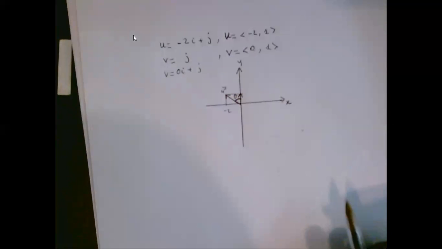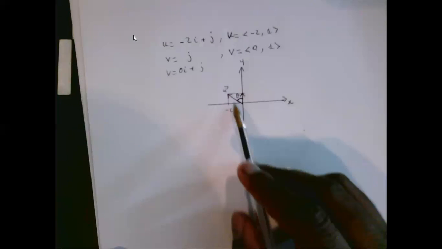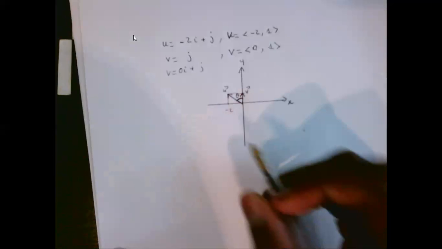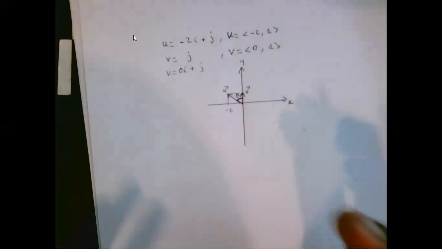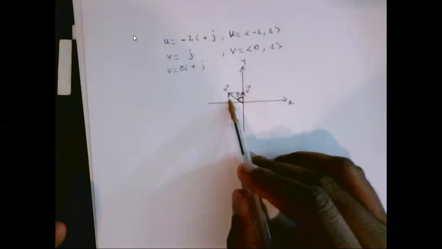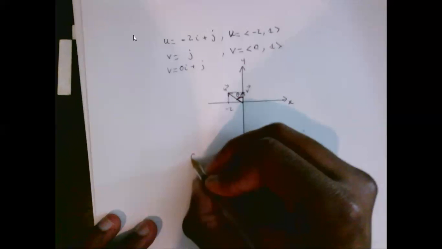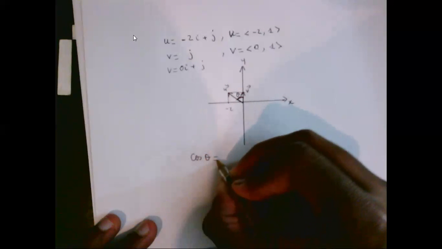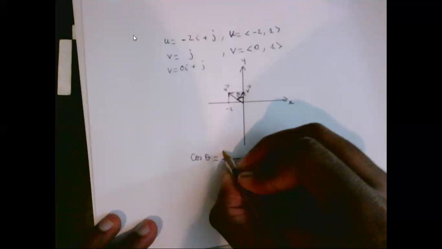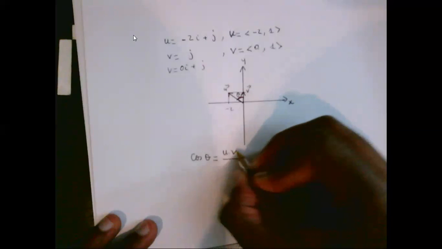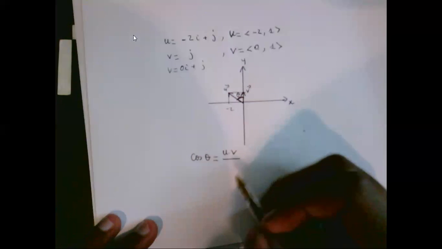There's a formula about angles, the formula relating vectors and angle. Cosine of theta is equal to the dot product of vectors u and v, divided by the norm of u multiplied by the norm of v.